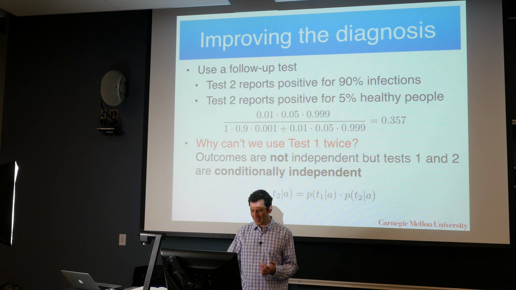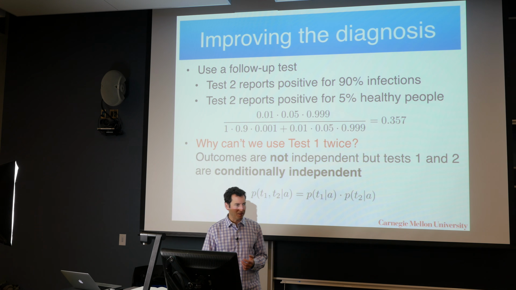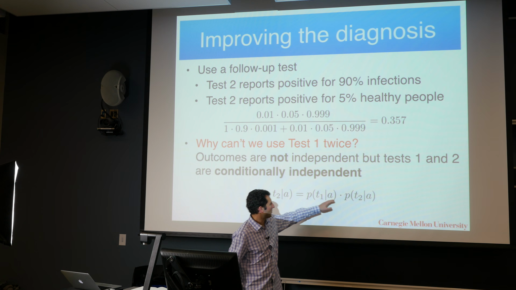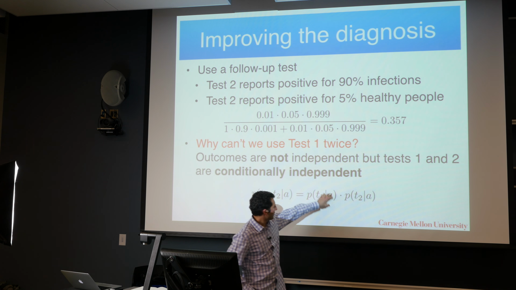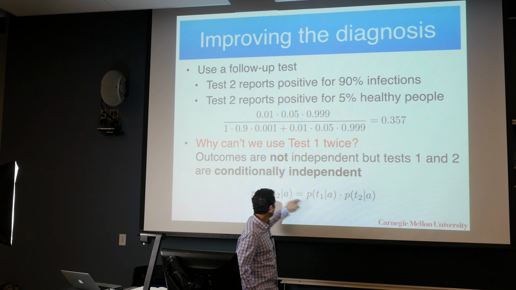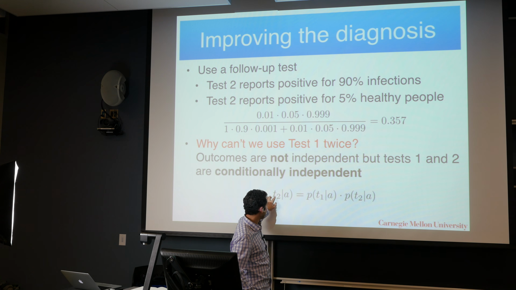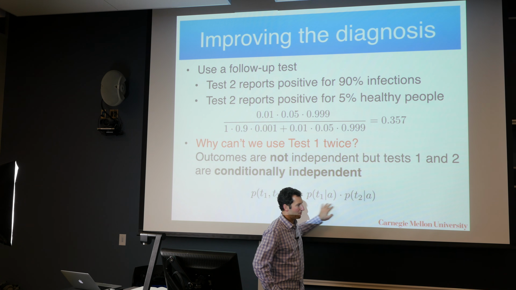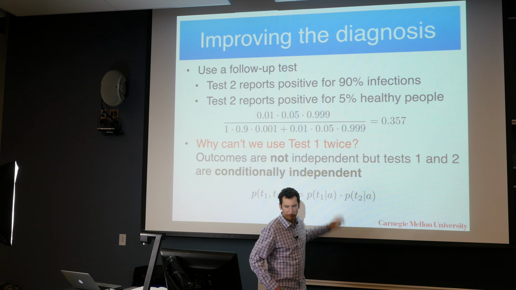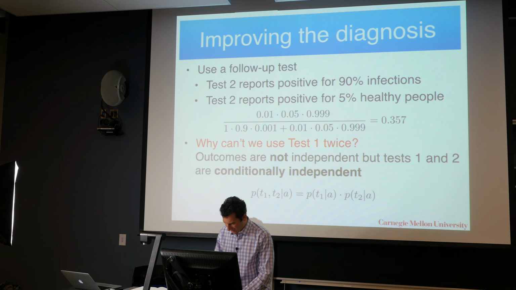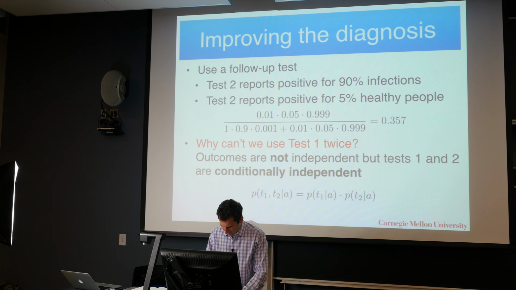So conditional independence means the same thing as independence, just that you now have a conditioning variable. So conditioned on, let's say, AIDS, the outcomes of test 1 and test 2 are independent of each other. So sometimes statisticians write this as follows.